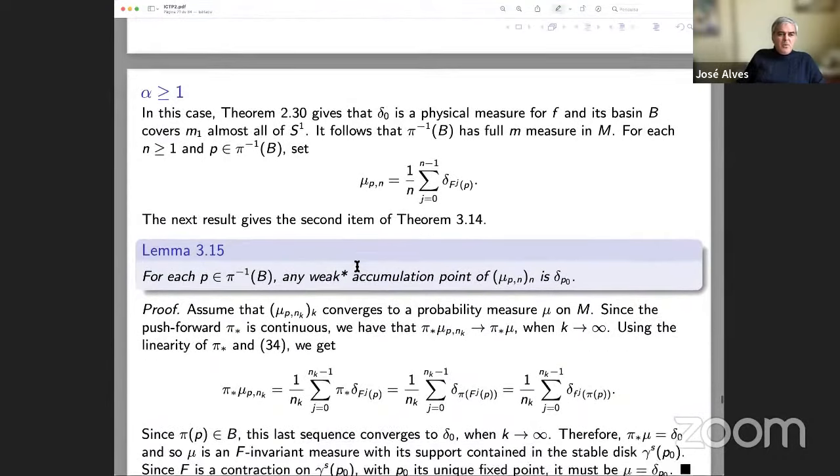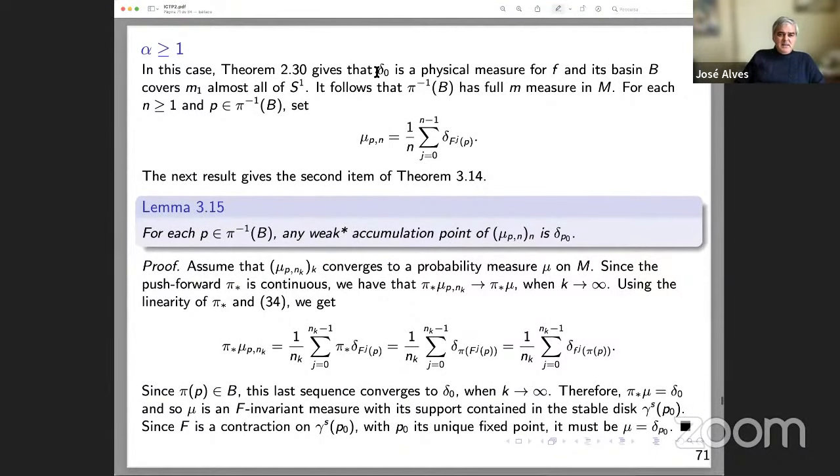So we already know that the Dirac measure is the physical measure for the base dynamics. And the basin, as we have seen in the previous situation, is almost everything, where M1 here is the Lebesgue measure on the circle. And so the basin covers almost all of S1. So this is what we have seen.